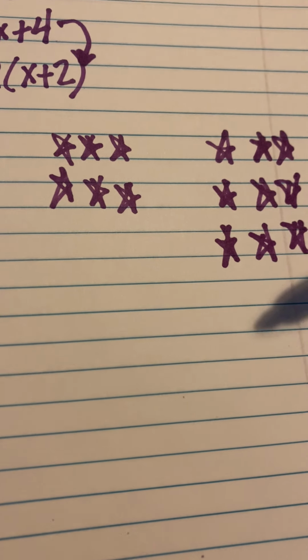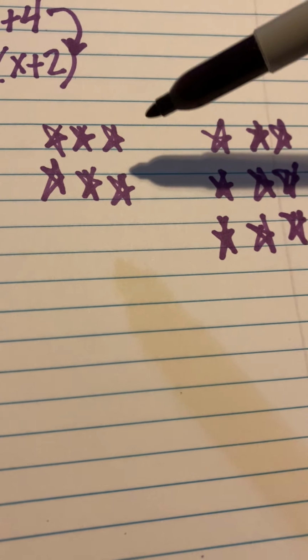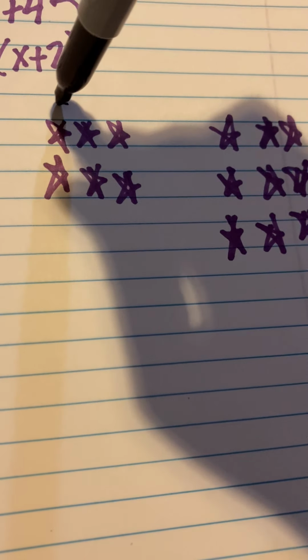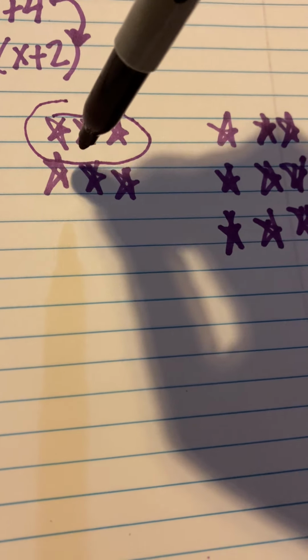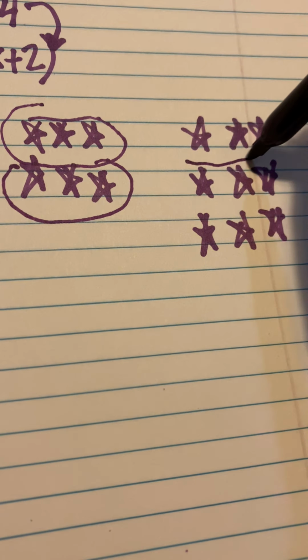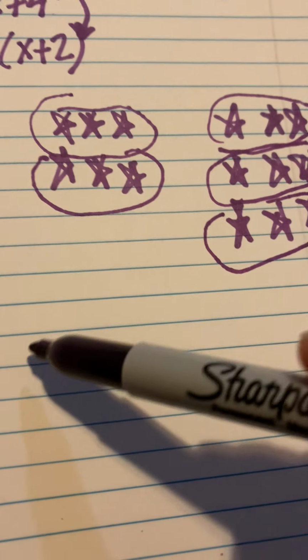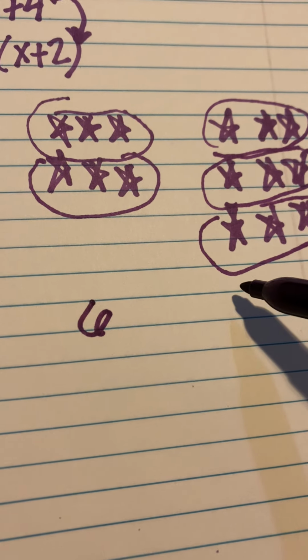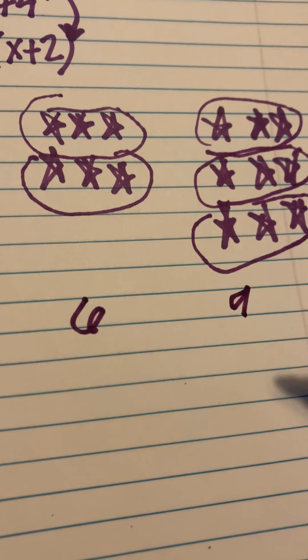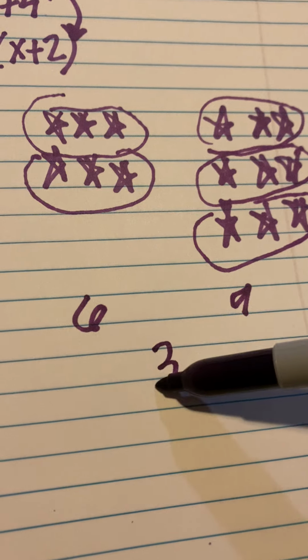So it has to do with what groups can I take out evenly. So it turns out it's a group of 3. I can take a group of 3 here, a group of 3 here, and then I could take a group of 3 here, and a group of 3 here, and a group of 3 here. So in the numbers 6 and 9, our greatest common factor is our groups of 3.